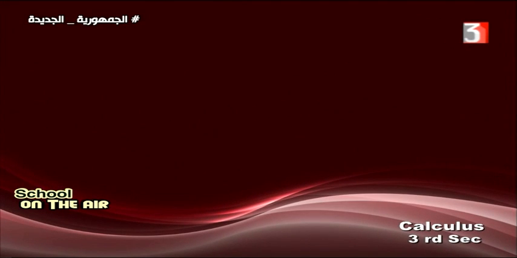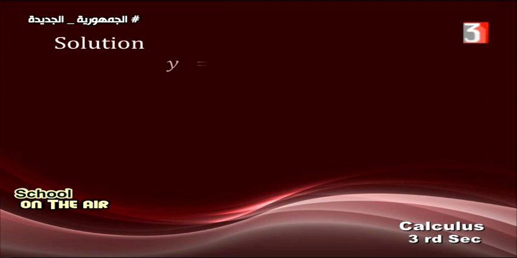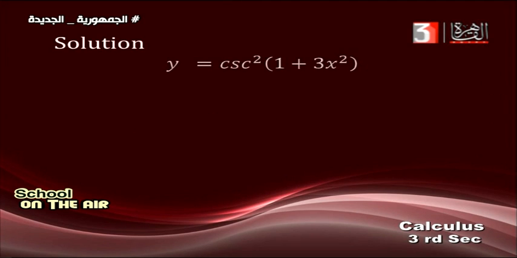Another example. If y equals cosec to the power 2 of 1 plus 3x to the power 2, find dy/dx. Now we have y equals cosec power 2 of 1 plus 3x power 2. Here the angle is a complex angle.